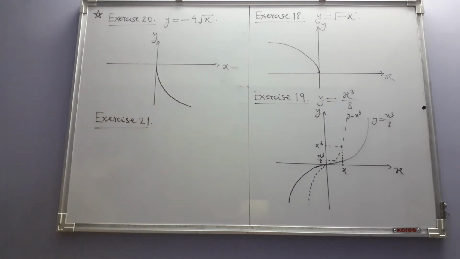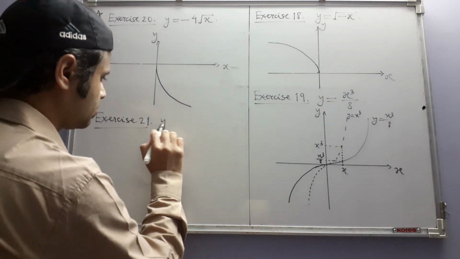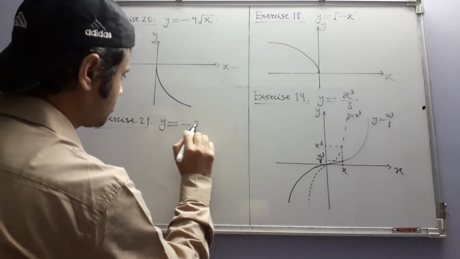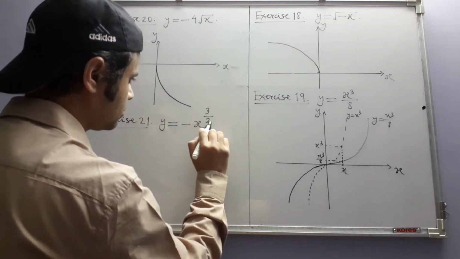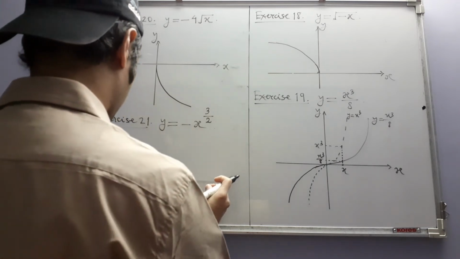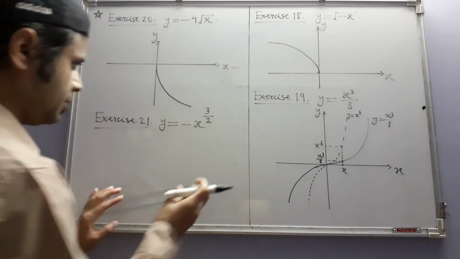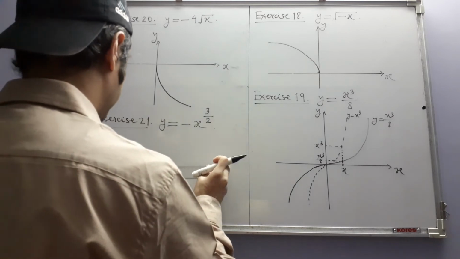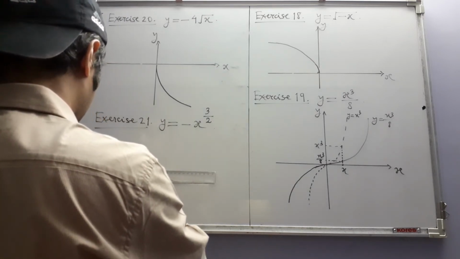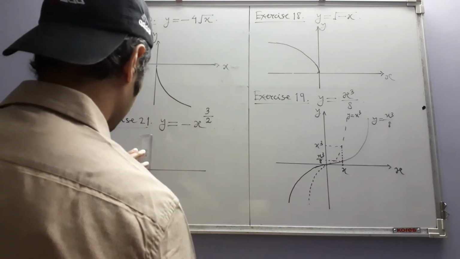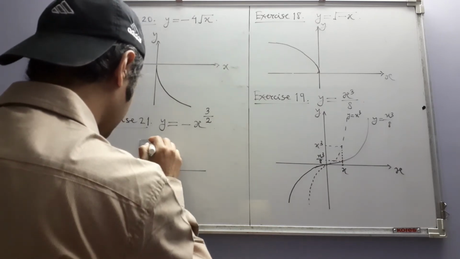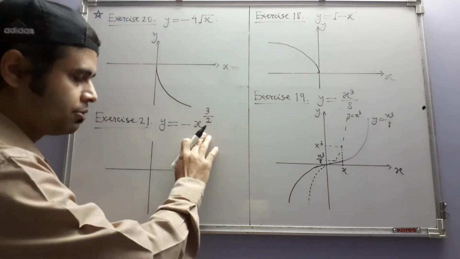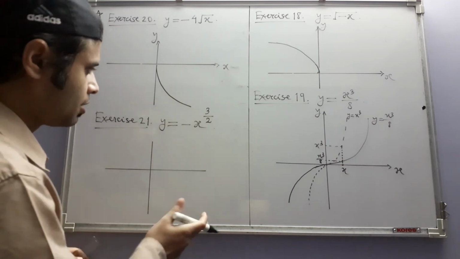Then 21. y equal to minus x to the power 3 by 2, and its graph will also lie below the x-axis. Do you see that even before drawing the graph, just by looking at the formula, we can know one or two things about the graph.